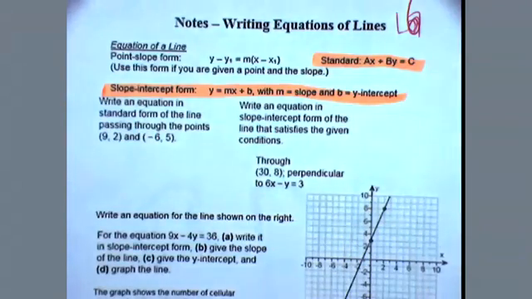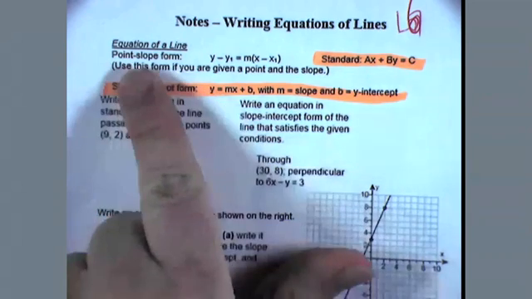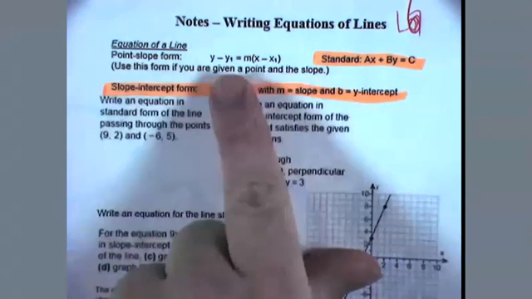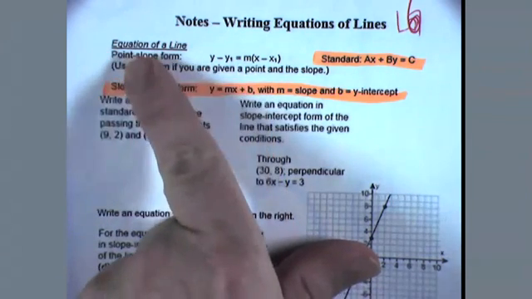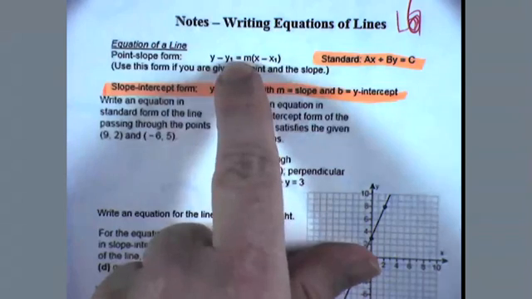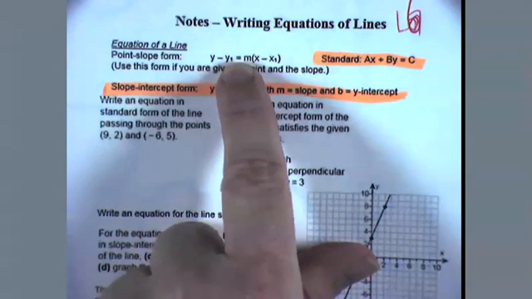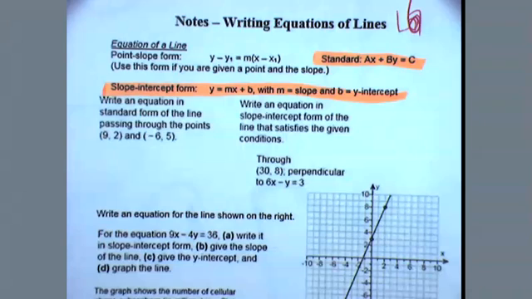The third major equation that you're going to be using is something called point-slope form. And the title says exactly what you'll be plugging in. You'll be plugging in a given point, which is your x1 and your y sub 1, just like slope. And you'll be plugging in your slope to find the equation of a line. So these are the three main forms of a line that we're going to be using in lesson 6.